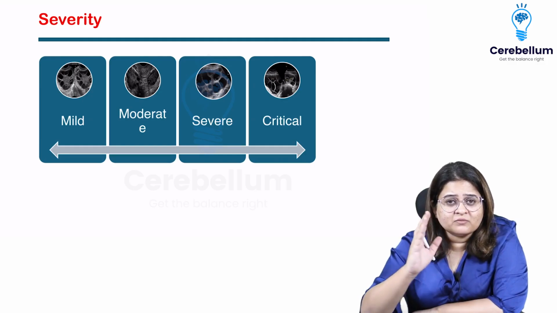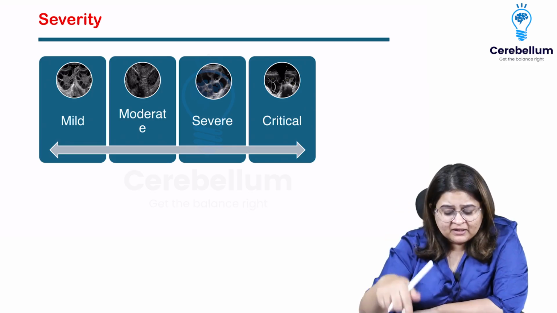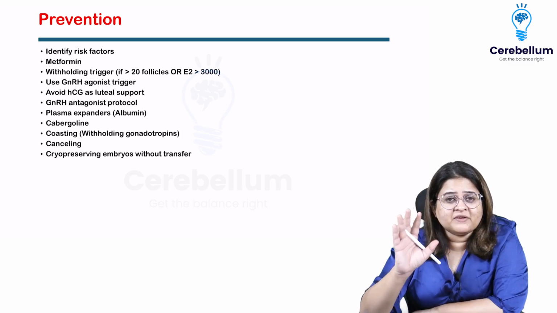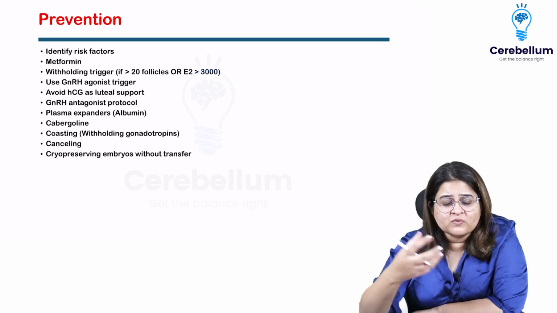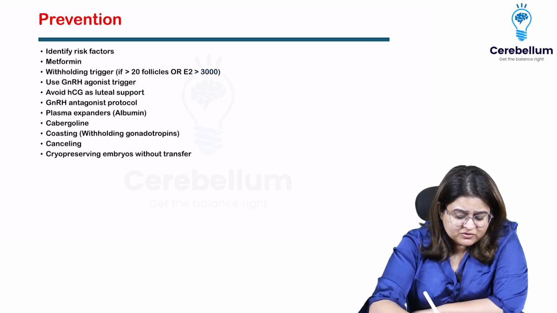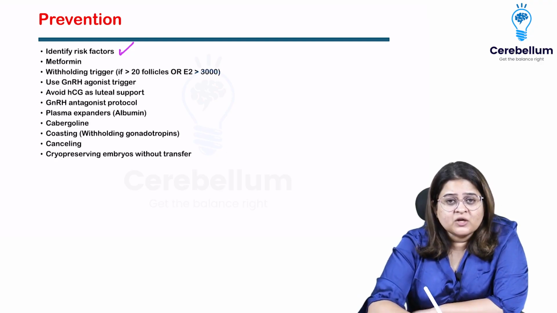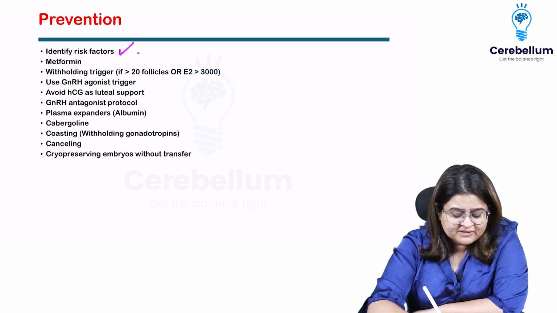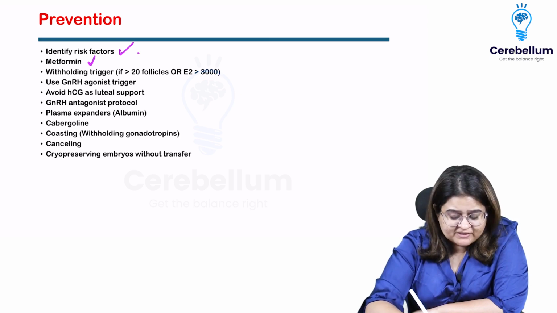This is the usual presentation. It could be mild, moderate, severe, or critical, and you should know the main preventive strategies. If you have a woman who's at risk of OHSS, it's important to identify those risk factors. So thin girls with low BMI, with PCOS, with high AMH, with high estradiol levels are at risk. Metformin helps prevent it. Withholding the trigger: what does this mean?